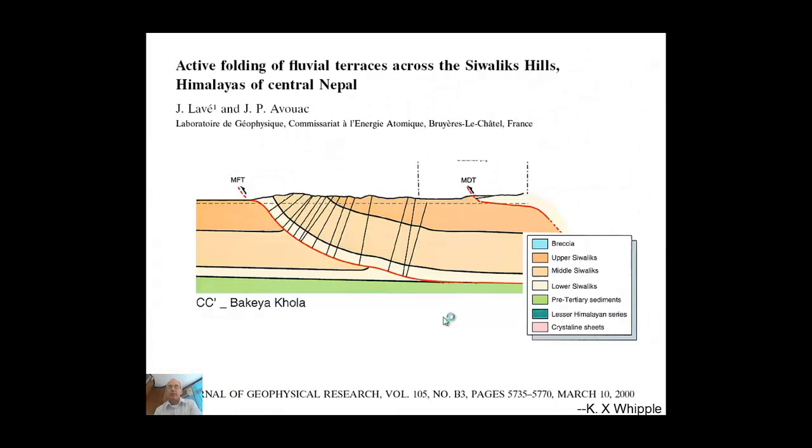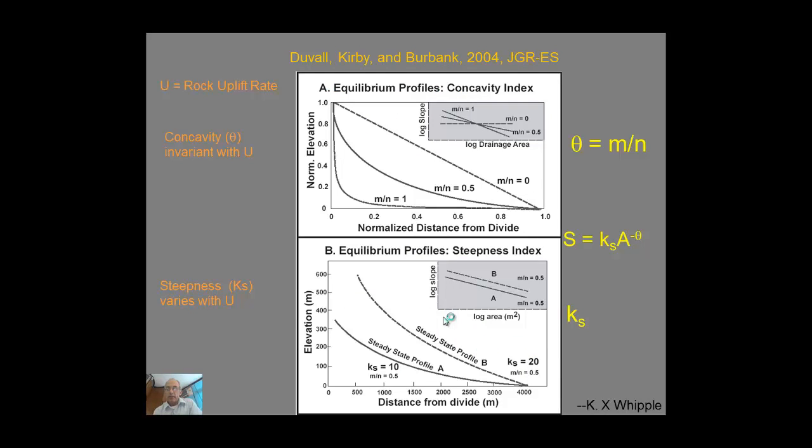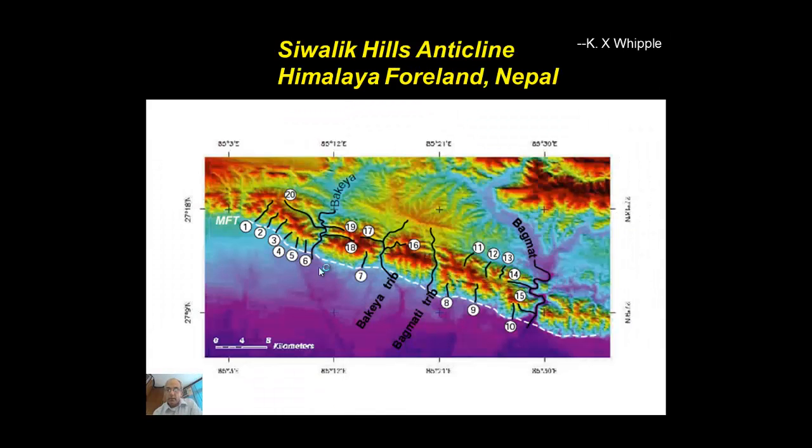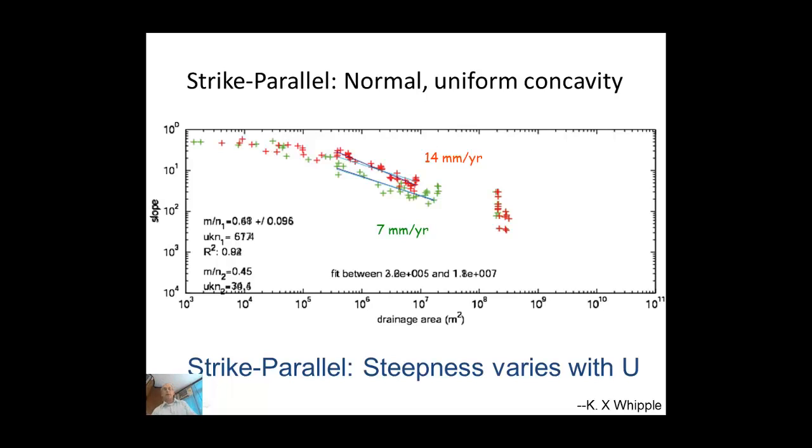And what I mean between those two is that would be the difference between maybe 18, you see, is right in the top of the fold where it's in the full 14 millimeter a year uplift, whereas 19 is on the side of the fold where it might only be 7. Okay? So that's what these two are trying to show.